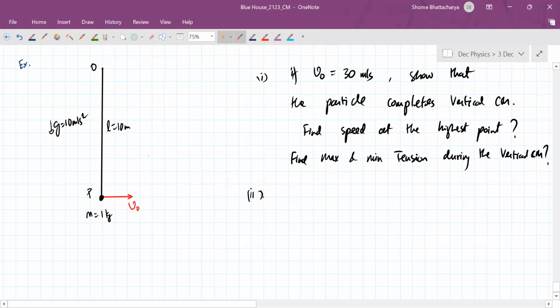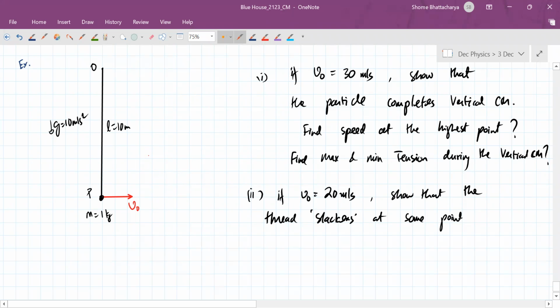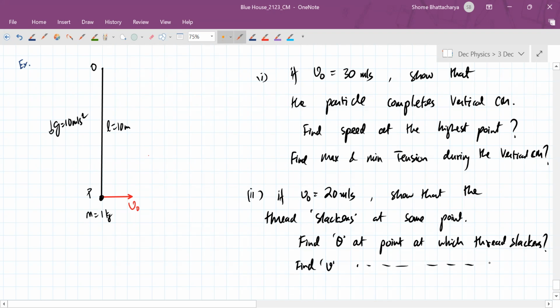Second case, if V0 is equal to 20 meters per second, show that the thread slackens at some point. Find the angular displacement at the point at which the thread slackens, and also find the speed of the particle at that point.